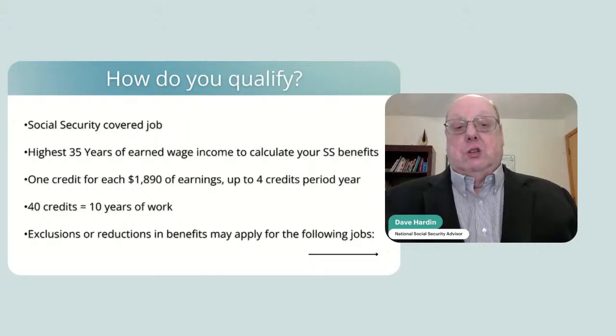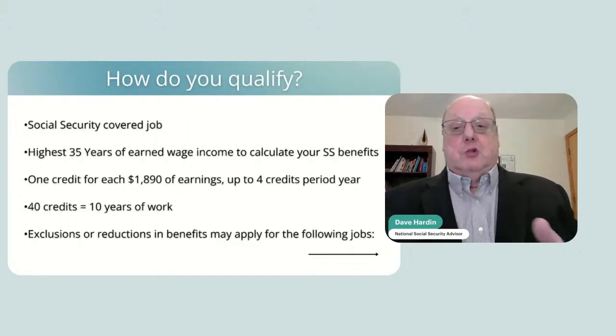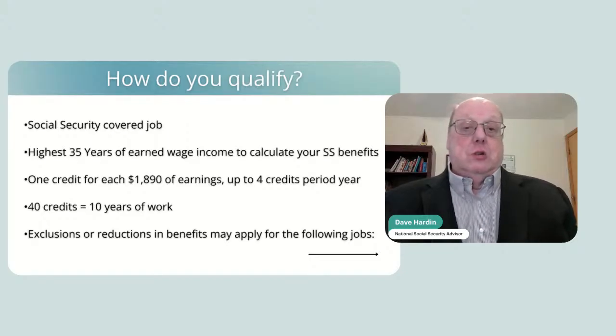If you miss one of those years, let's say you have 34 years, you still qualify because you only need 40 credits. A credit is 1 quarter, January, February, March, and so on. So once you have 40 credits, which is 10 full years, but it could be spread out over 30, you qualify for a benefit for retirement.